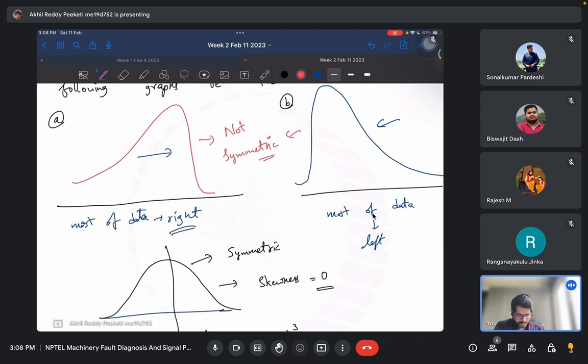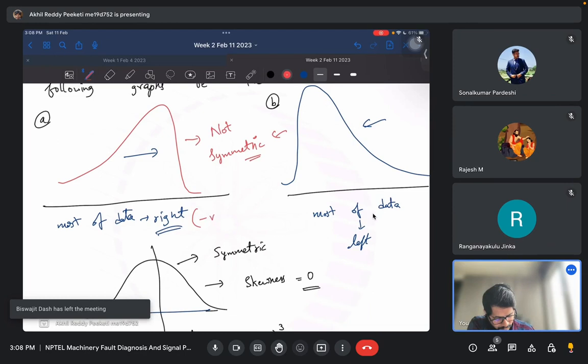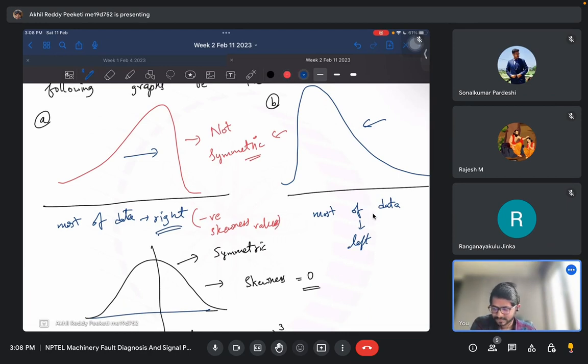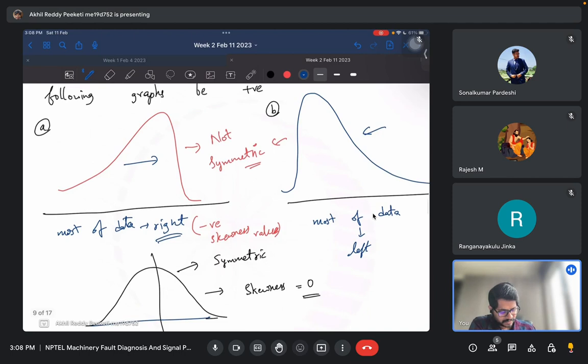If the data is towards the right, that means right skewed, then you will have a negative skewness value. And if the data is towards the left, left skewed, then you will have a positive skewness value.